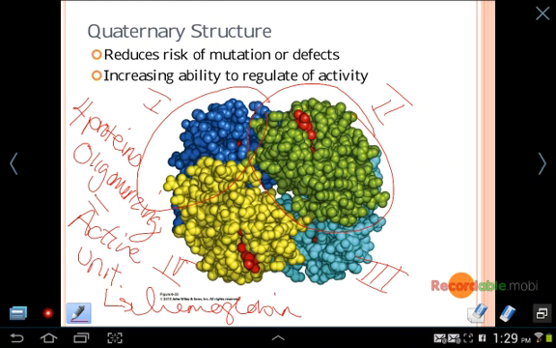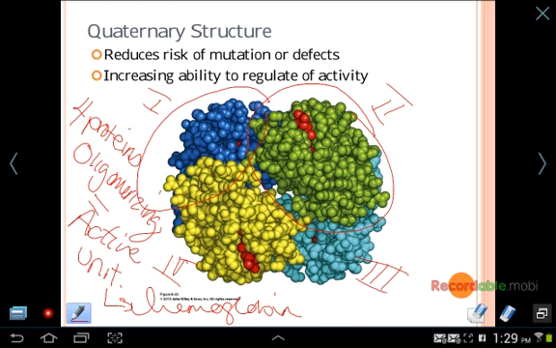Often, quaternary structure can be developed by two or more identical subunits. So it's just the same protein expressed twice or more that come together to form one overall active unit.